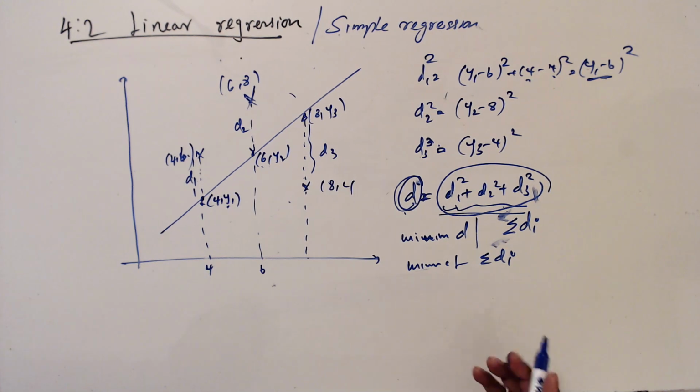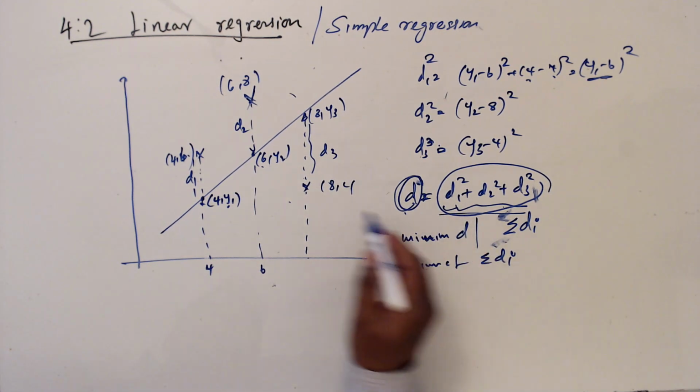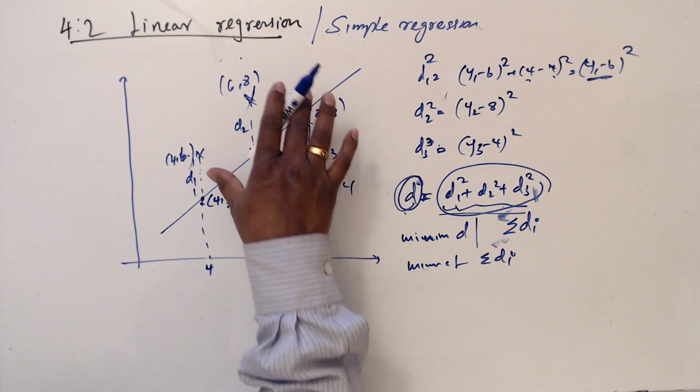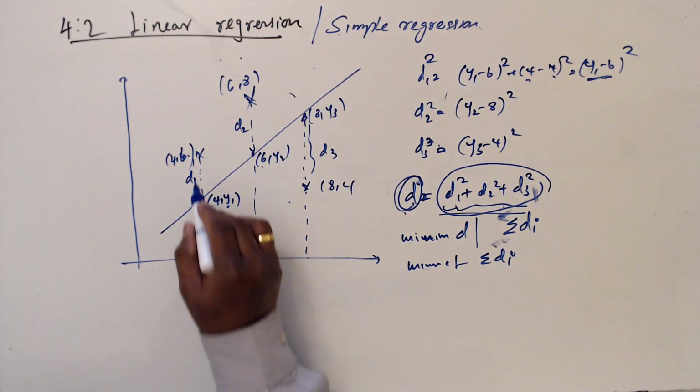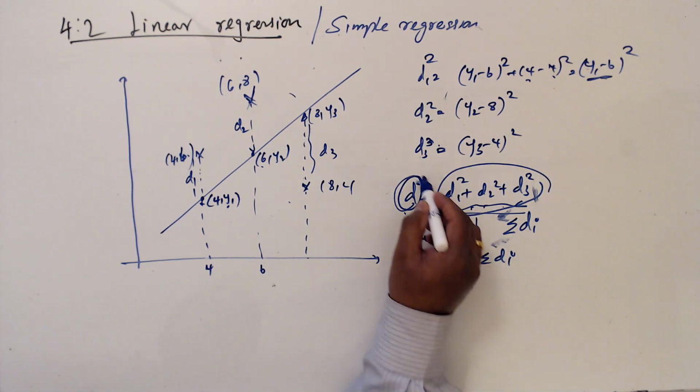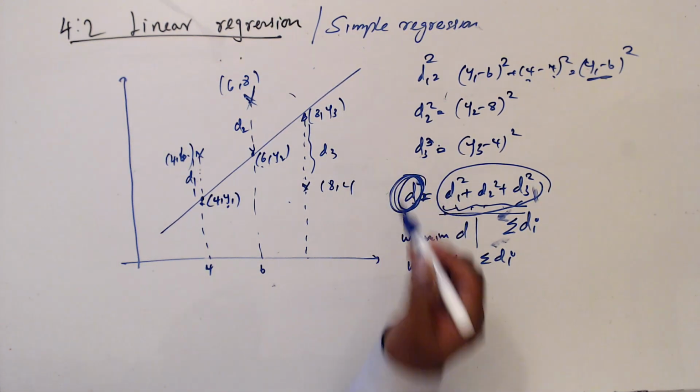The computer does this. The computer adjusts this line, and you will get the least squares. When you get the least squares, this value becomes minimum.